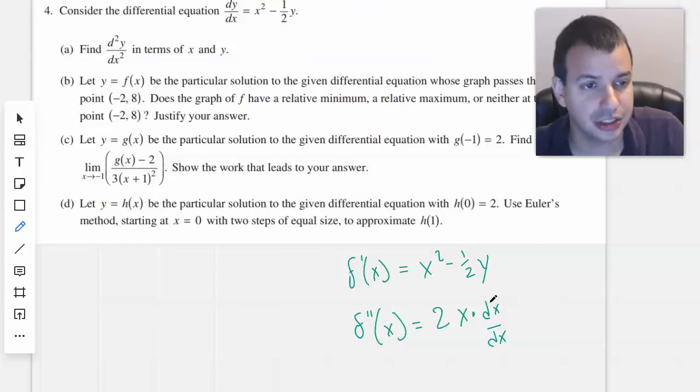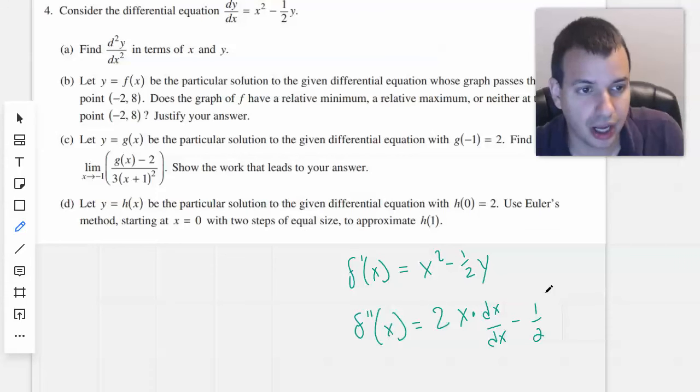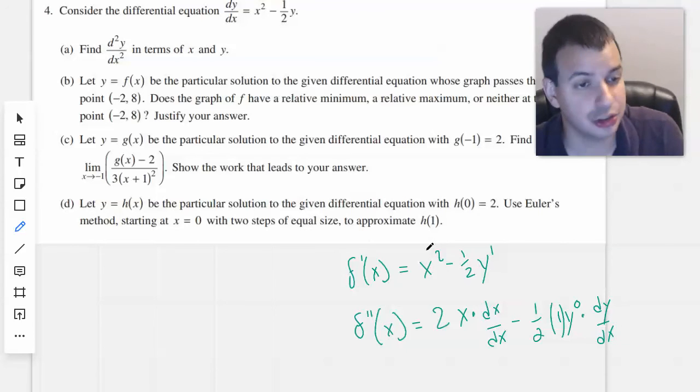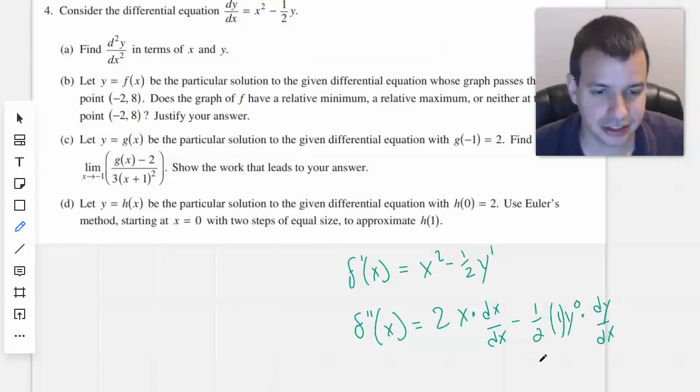What I took was the derivative of the x in the middle, minus 1/2 y. So this is kind of like y to the first. So it goes down to times 1 y to the 0. All right, like that. Times derivative of y with respect to x, because we're taking the derivative with respect to x. And then I would simplify this.